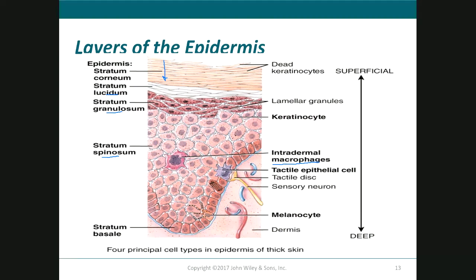There's keratinocytes and also melanocytes. And then we've got the stratum basale, which has all that continuous reproduction of cells, which includes the melanocytes, the keratinocytes, and the tactile epithelium. And this would be the dermis below that. Okay, so make sure you know the "come, let's get sunburned" mnemonic.